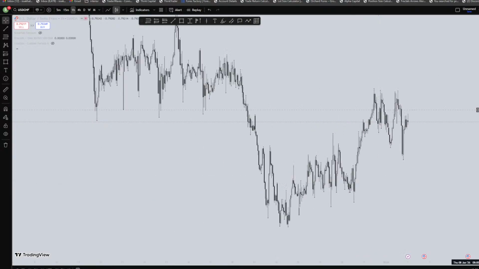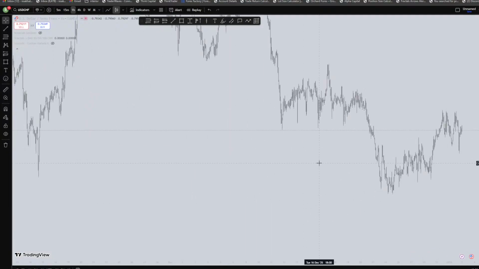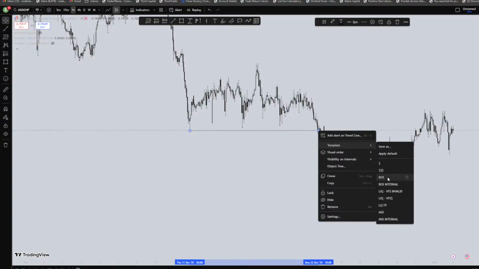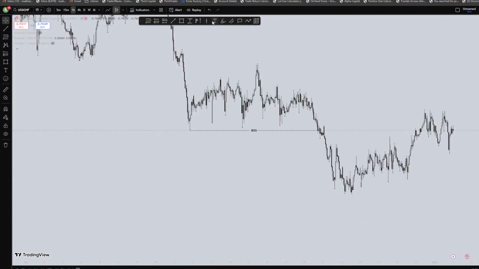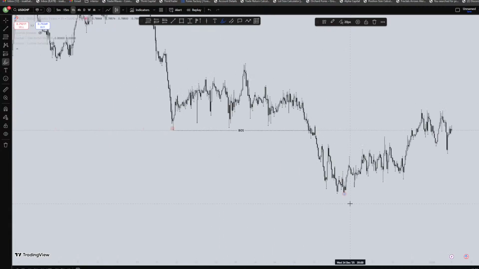All right, so looking at price currently, as you can tell this is a break of structure right here. So price came dropped all the way, it's just melting till the low right there.